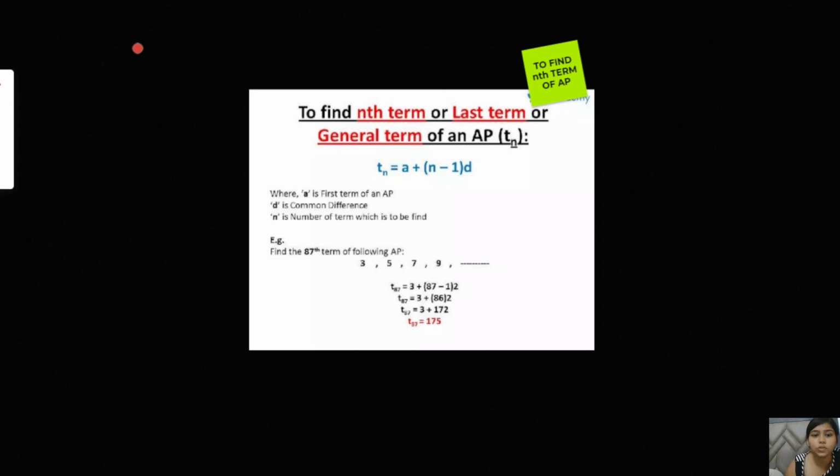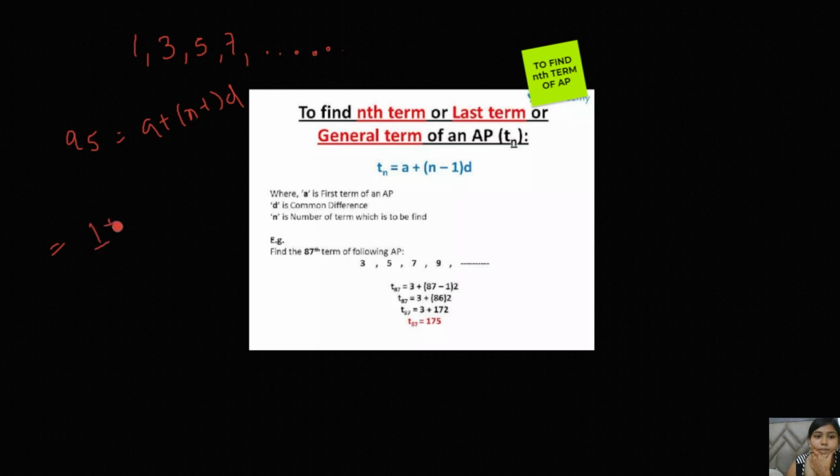Let's suppose there is a particular AP like 1, 3, 5, 7 and so on. The question is to find the fifth term of the AP. The fifth term will be A5, and the formula for A5 is A plus N minus 1 into D. A in this AP is the first term, that is 1, plus N, the number of terms.